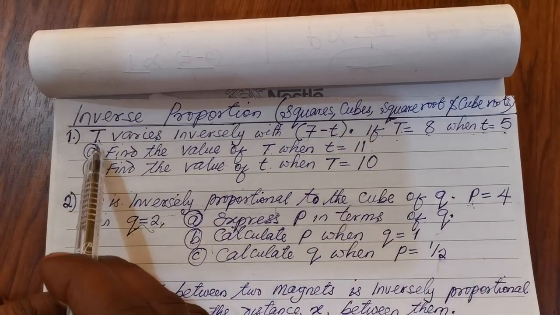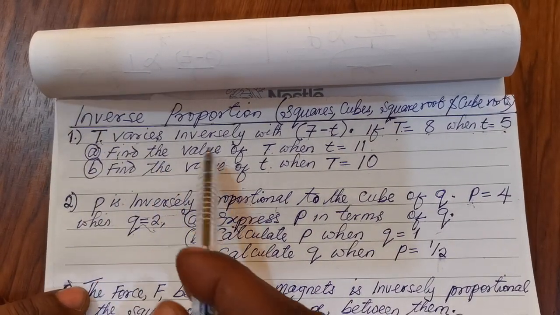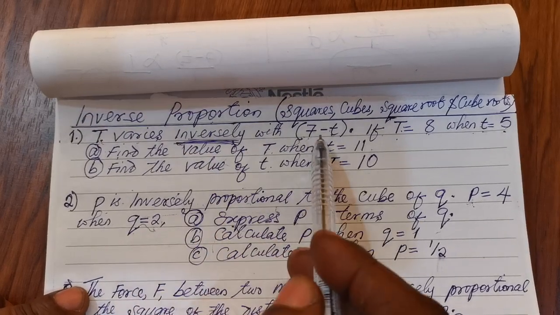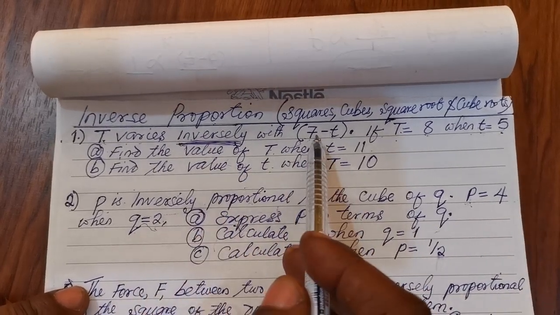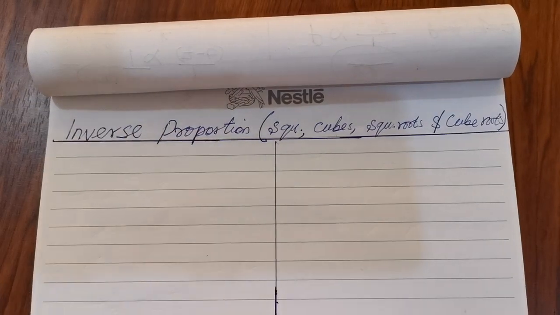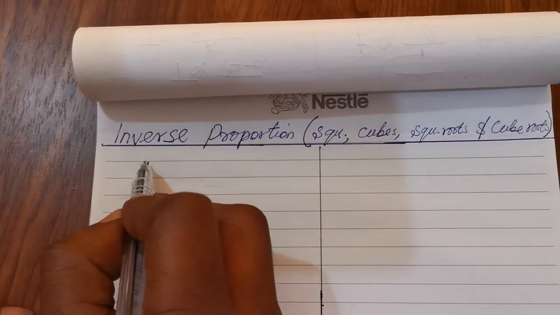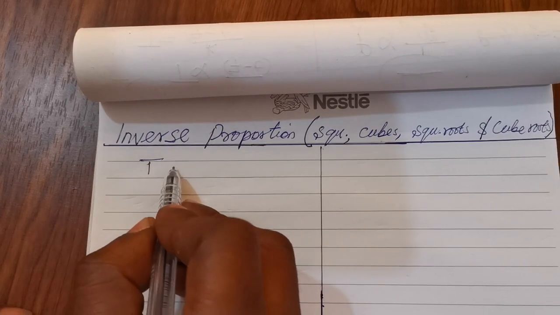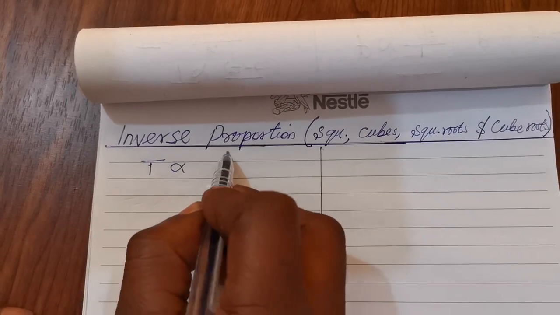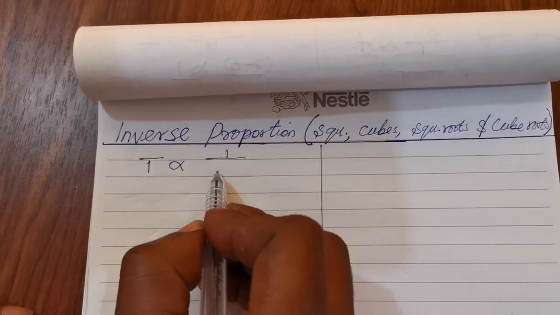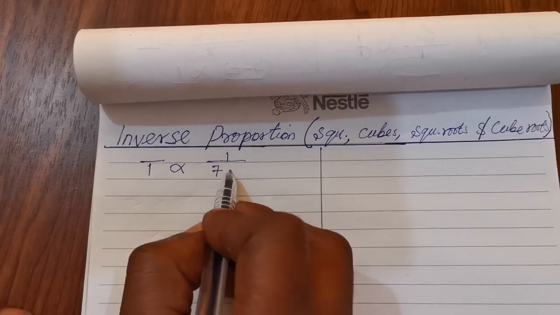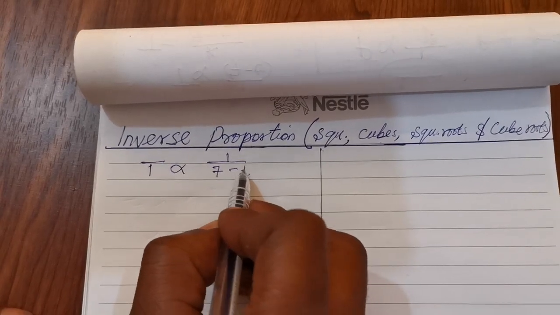First of all, we say that T varies inversely with this. If it varies inversely with this, what I'm going to have is T varies inversely with 7 minus small t.